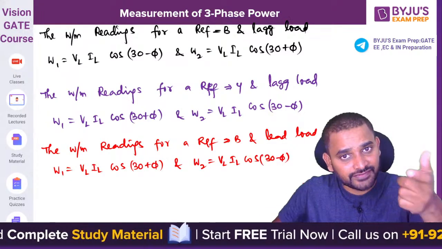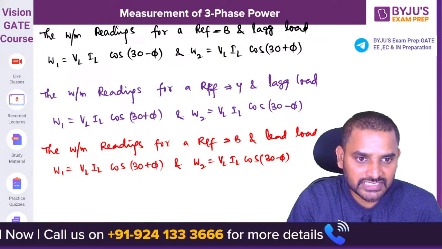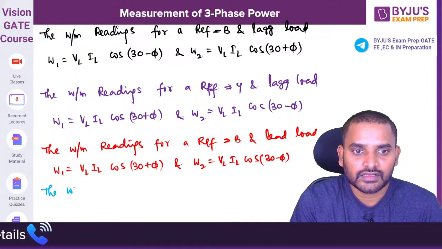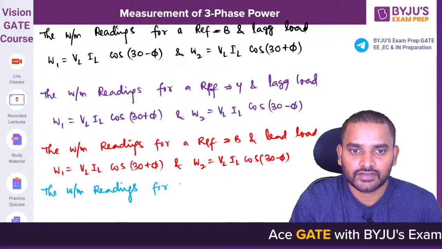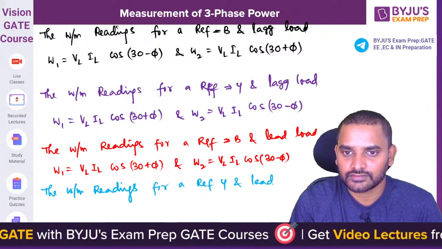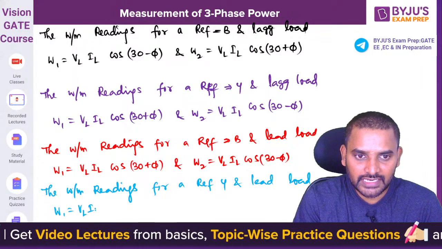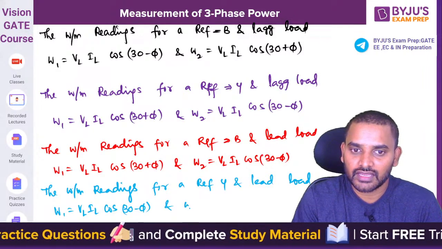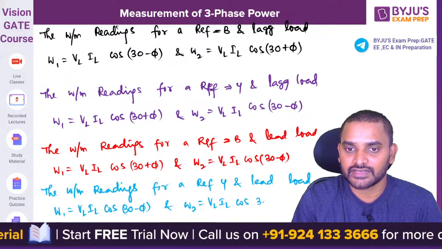Okay. If I change reference phase and load nature, the wattmeter readings for a reference phase of Y and leading load, then W1 will be VLIL cos 30 minus phi, same as the first case, and W2 reading will be VLIL cos 30 plus phi.